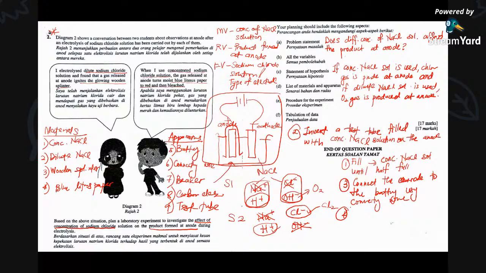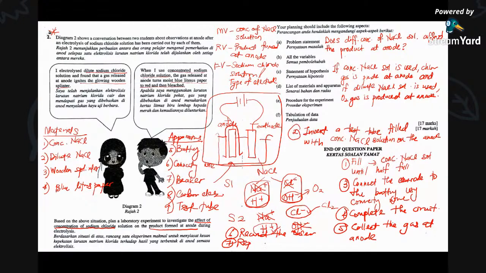And then number 3, number 4, complete the circuit by connecting the wire. Number 5, collect the gas at anode. Number 6, record the observation. Number 7, repeat step 1 to 6 using dilute NaCl solution.